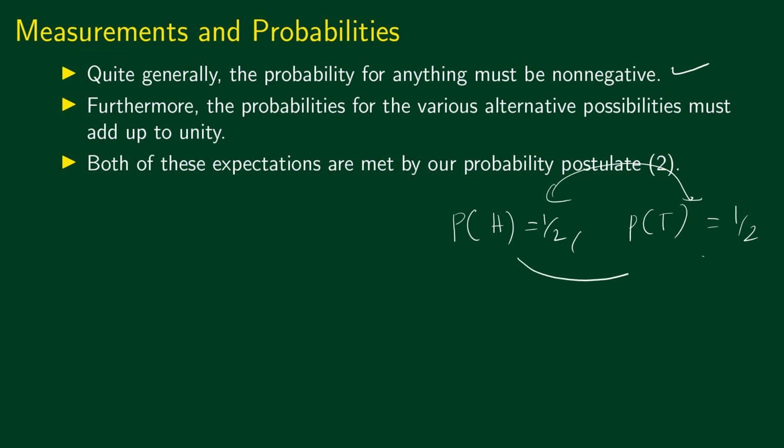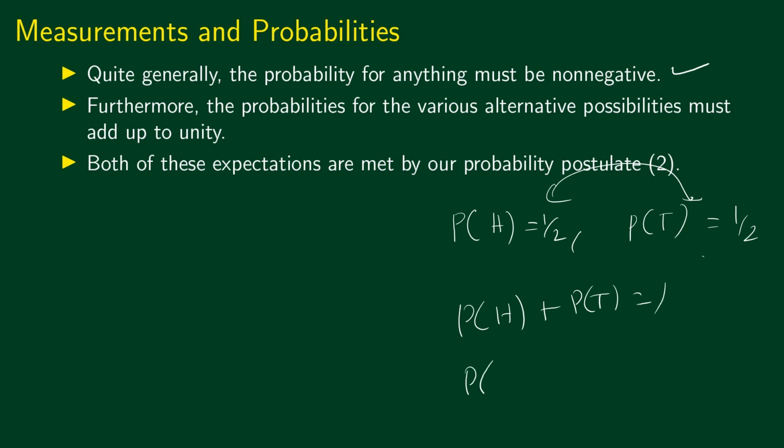So if there are only two possibilities, and if you know the probability for one possibility, the probability for the other possibility can be found by subtracting the probability for the first possibility from 1. I think we already know this thing. So here also we see that the probability for getting head plus the probability for getting tail has to be equal to 1.